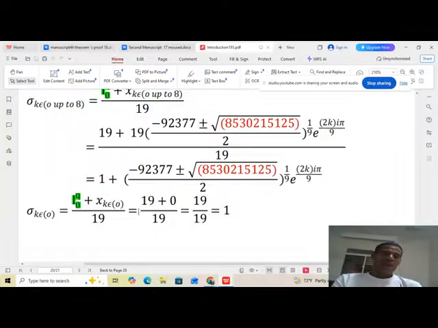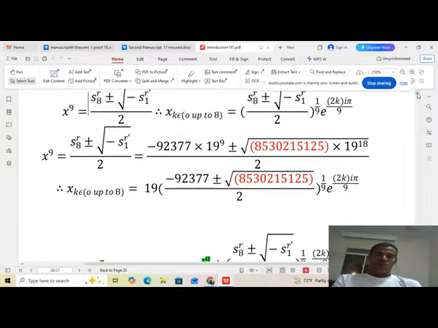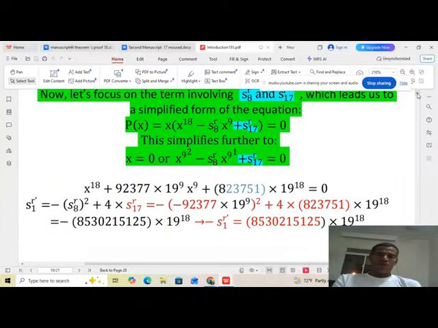And the last answer for k equals 0: we obtain L0, which is 19, and xk is 0, because we said before that x equals 0 or this other factor is equal to 0.